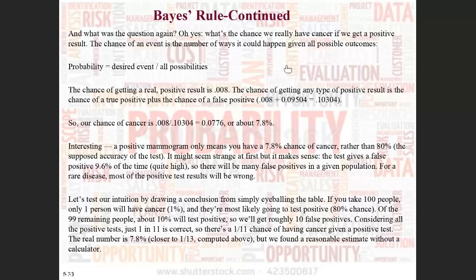0.09504 equals 0.10304. So the chance of cancer is 0.008, that's getting a true positive result, divided by the chance of any positive result, 0.10304, which equals 0.0776, or about 7.8%.